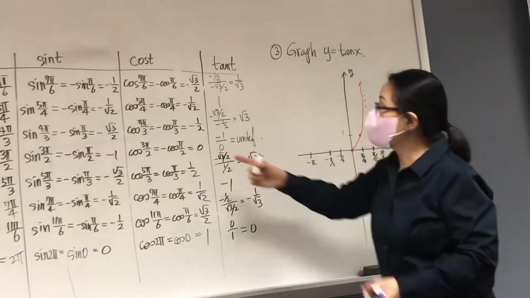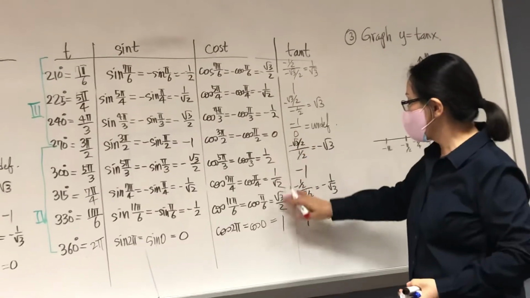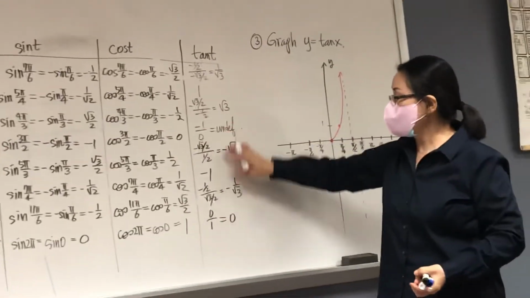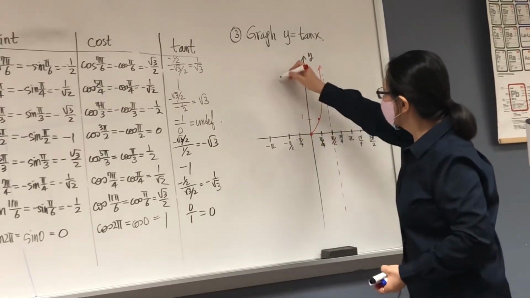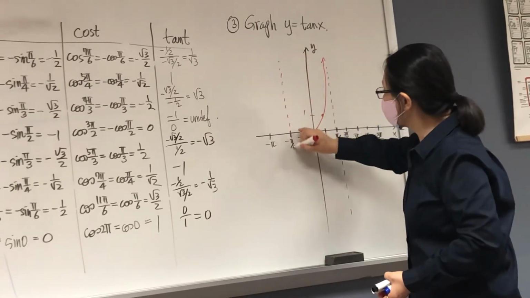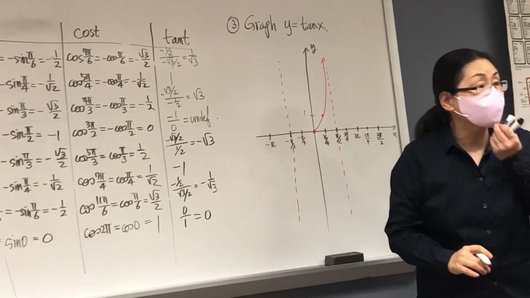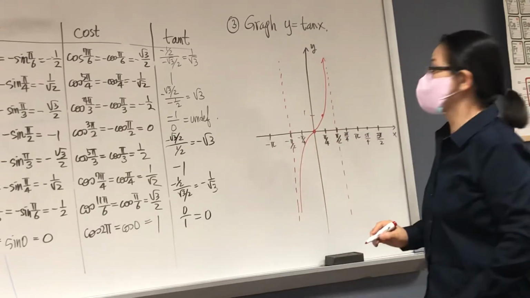Now at the fourth quadrant, your value is what? Tangent is all negative. This is 3 pi over 2, right? So your graph is like this.